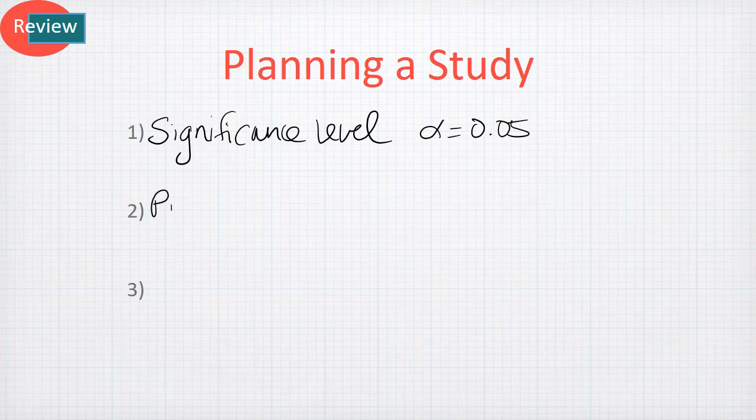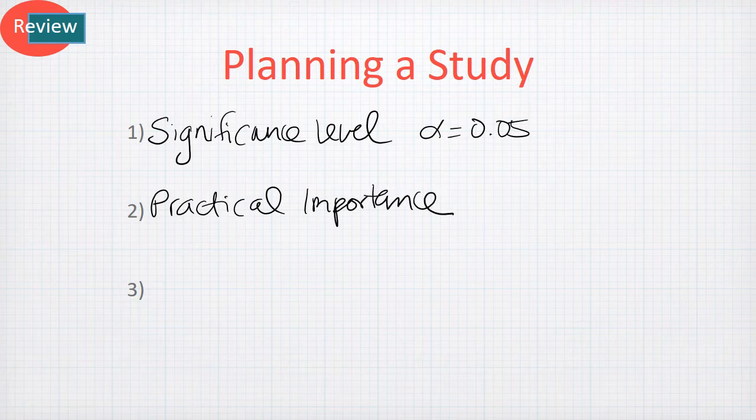The next thing that you want to think about is practical importance. Actual practical stuff. That's nice. So how large of a difference between the hypothesized parameter value and the actual parameter value is really important in real practice?